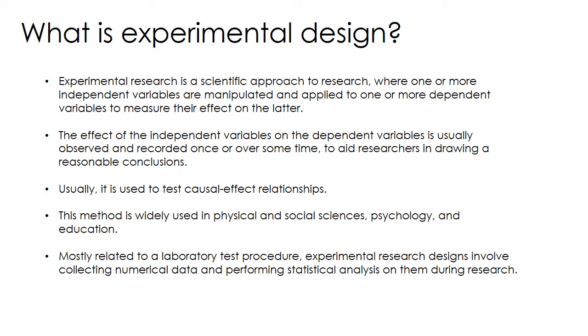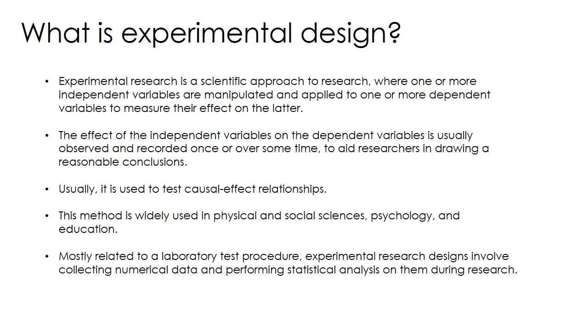But what we are trying to see in an experiment is how much one variable is affecting another. That can only be captured from experiments. So if your objective, or your research question, is to find the effect of one variable on the other, then use an experimental design.